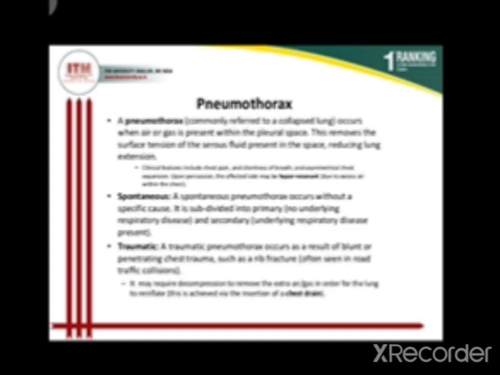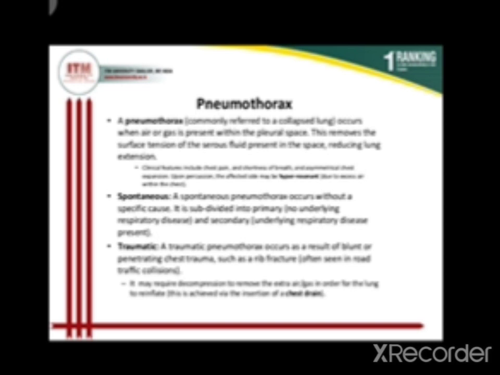Now next is the pneumothorax. So pneumothorax, commonly referred to as a collapsed lung, occurs when air or gas is present within the pleural space. So what happens, as such the pleural space is filled with fluid. Fine.